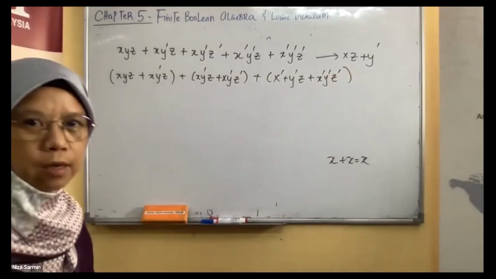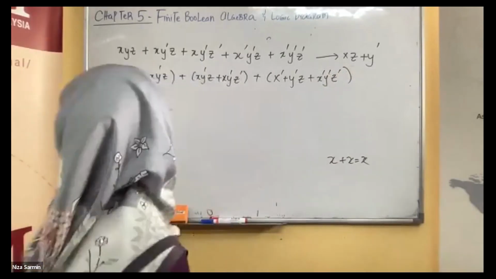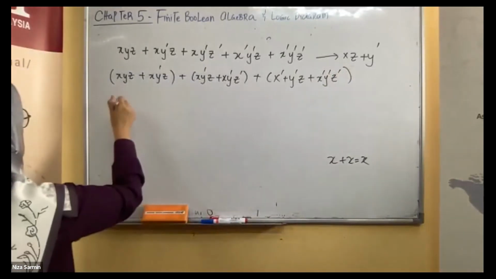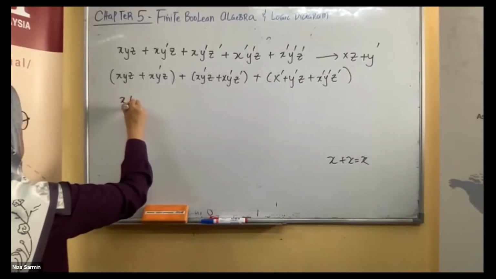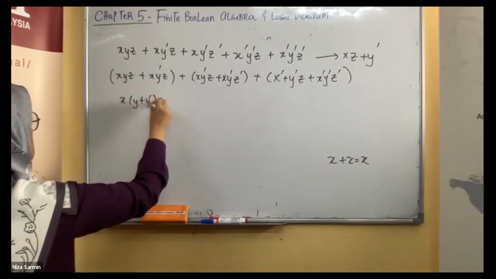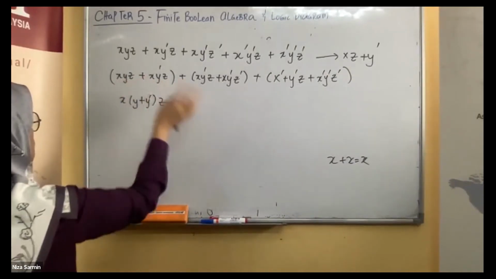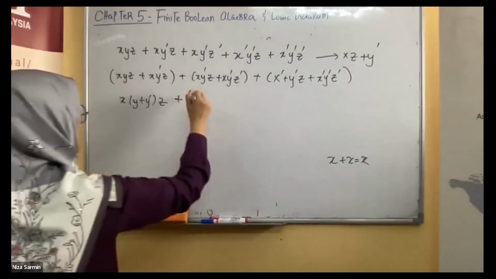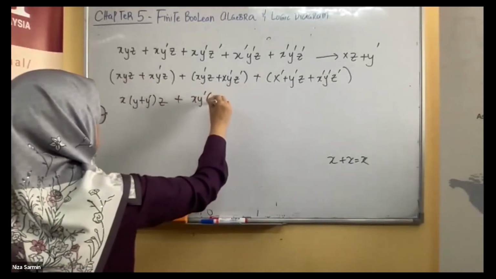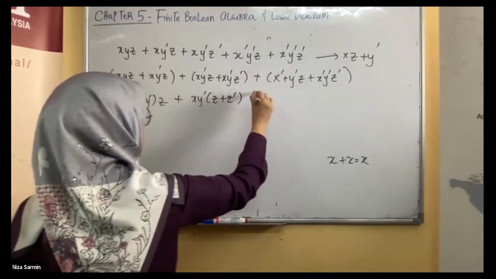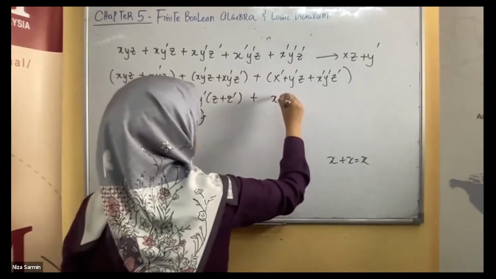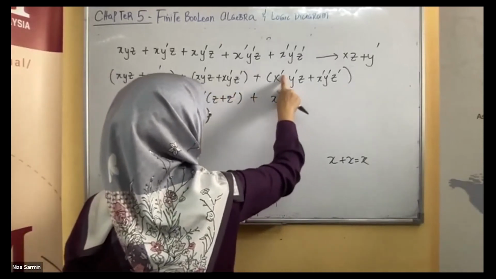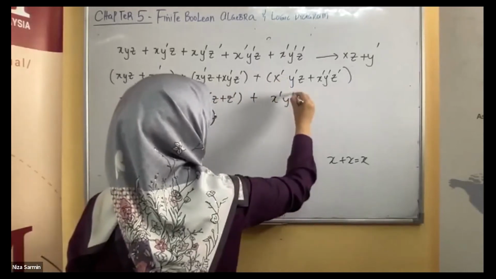Now they have a pair. Why do I need this pair? Because from here I can take out x, y plus y prime, z. X, z, take out. This one, x prime, y prime.